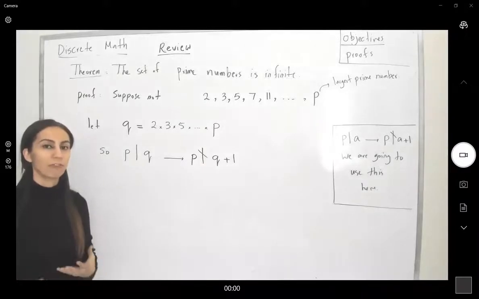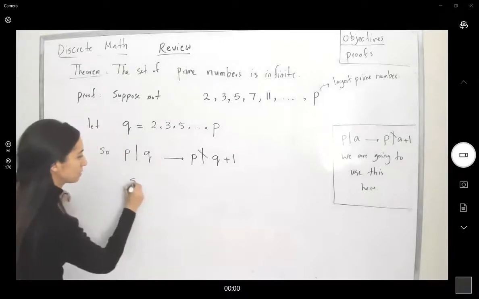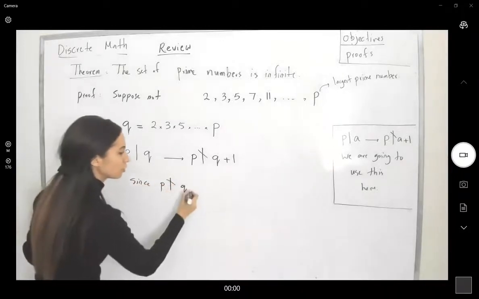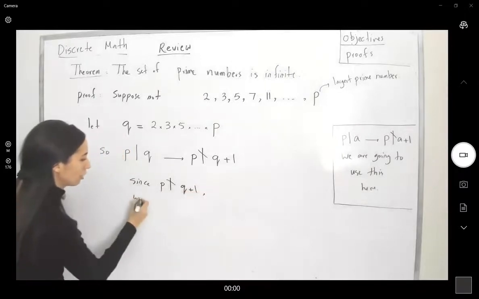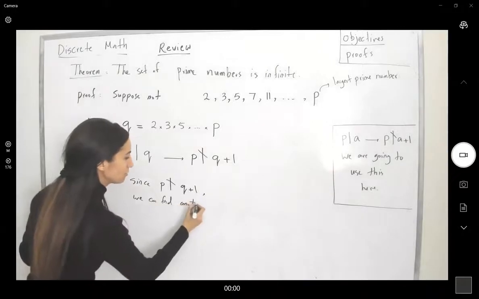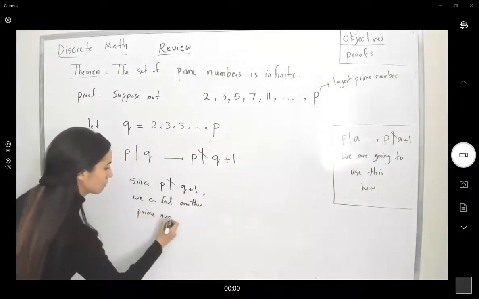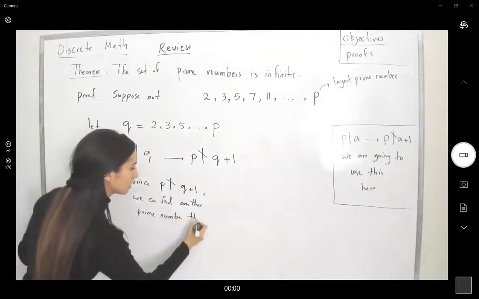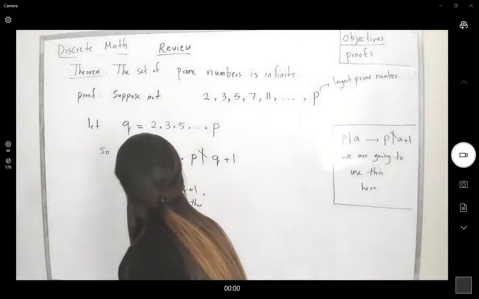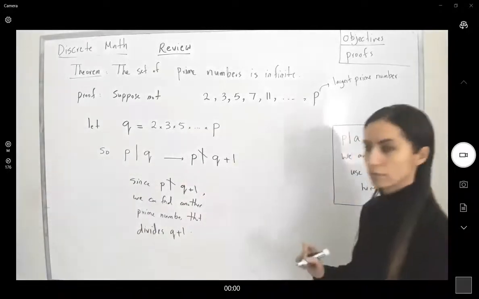It means that since p doesn't divide q plus 1, we can find another prime number that divides q plus 1.